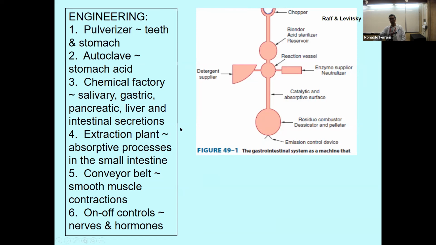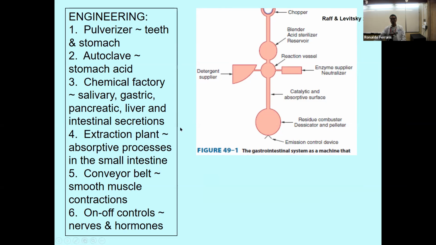Then, because this raw material can be very dirty, we autoclave it. So you have stomach acid to autoclave it. Then we have all those enzymes. So then we have reaction vessels by which enzymes from the stomach, from the oral cavity, the salivary glands, the pancreas, the liver, and all of these enzymes are then in these reaction vessels so they can liberate the nutrients.